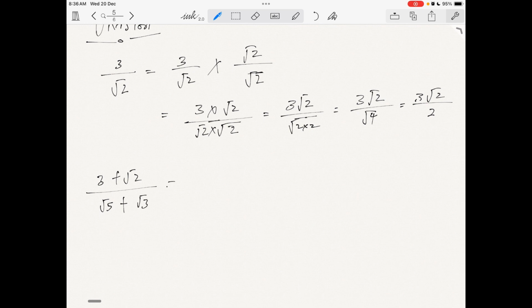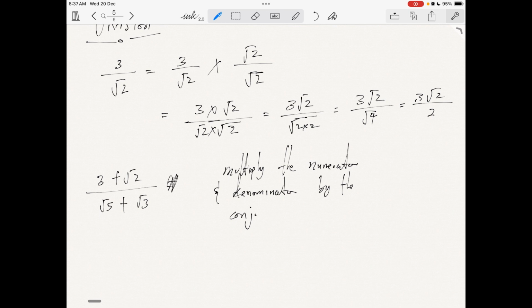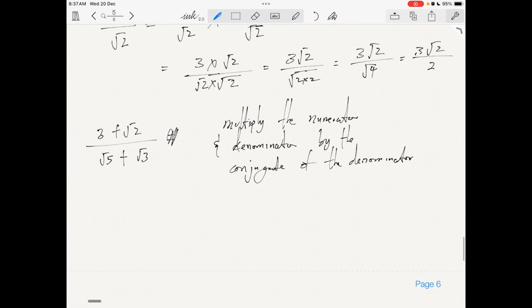Now how to solve these, the key is to multiply the numerator and denominator by the conjugate of the denominator. This is the key in rationalizing the denominator, or most often in the division of complex numbers.